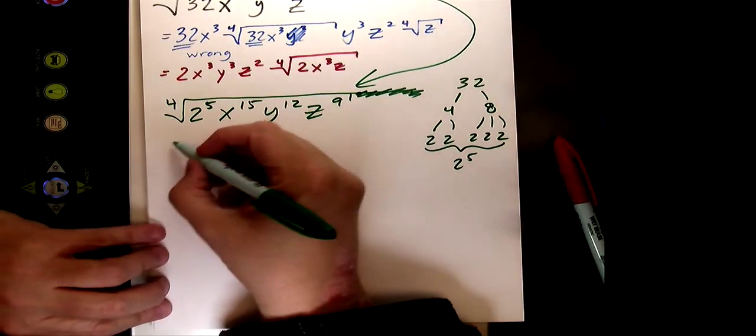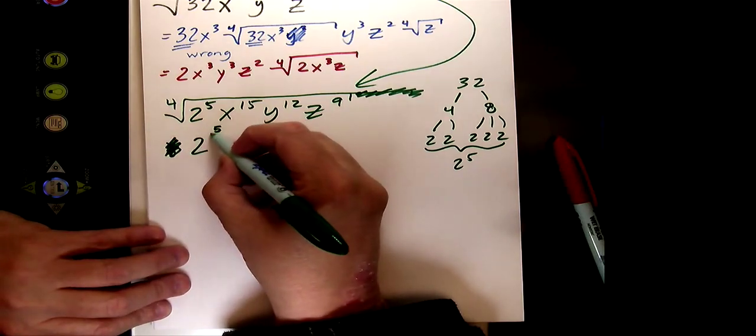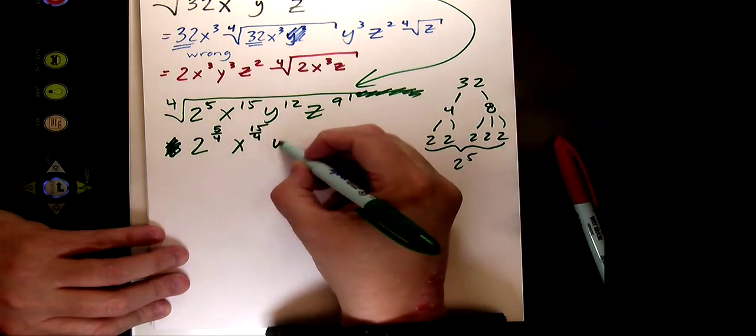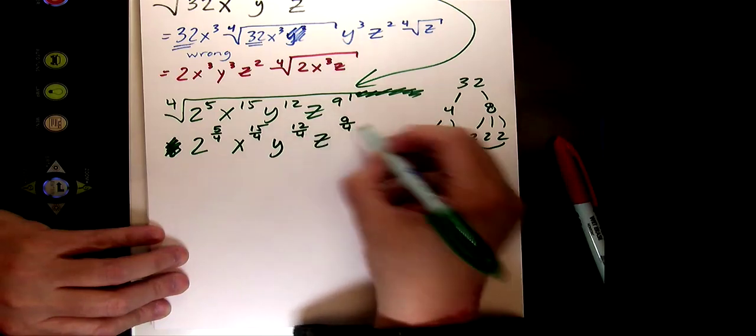Now we'll switch it to those fractional exponents: 2 to the 5 fourths, x to the 15 fourths, y to the 12 fourths, z to the 9 fourths.